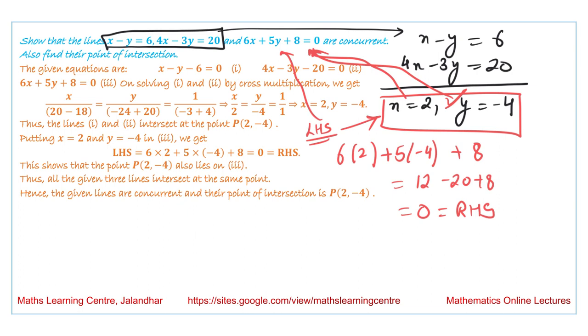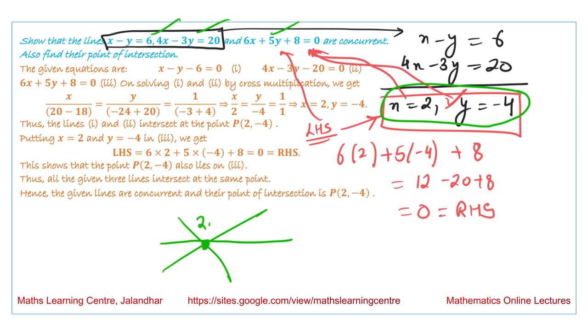So all these three lines pass through this point, 2 comma minus 4. So this means that all these three lines are concurrent, and the point of intersection we have is 2 comma minus 4.